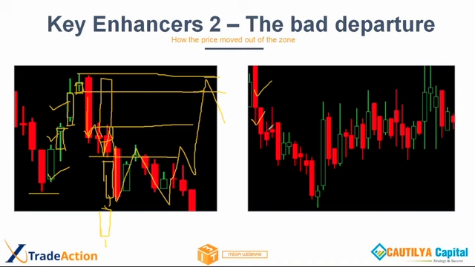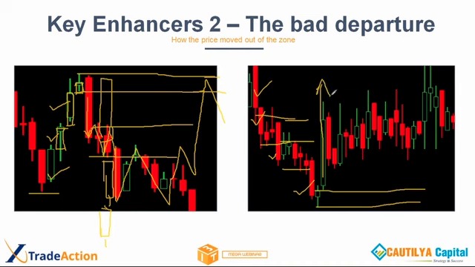Momentum, momentum, base, base, momentum, base, base, momentum. Can you see this? That's how it came. There are two levels of bases. Then when price formed a base, a strong momentum came.